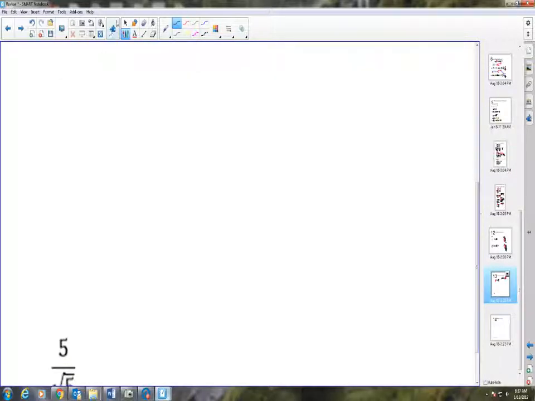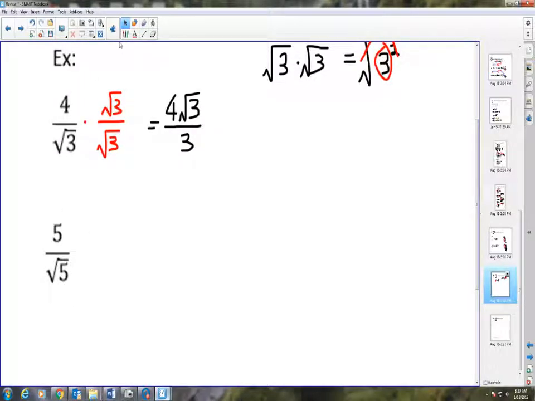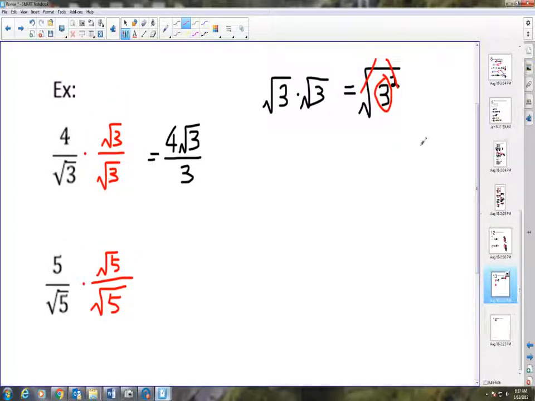Let's try another one. I already have 1 5 inside of my radical, so all I need is another one. So I multiply another square root of 5 over square root of 5. So square root of 5 times square root of 5. You can write them out this way like I did on the top, or you can say that will be square root of 25, which is 5.